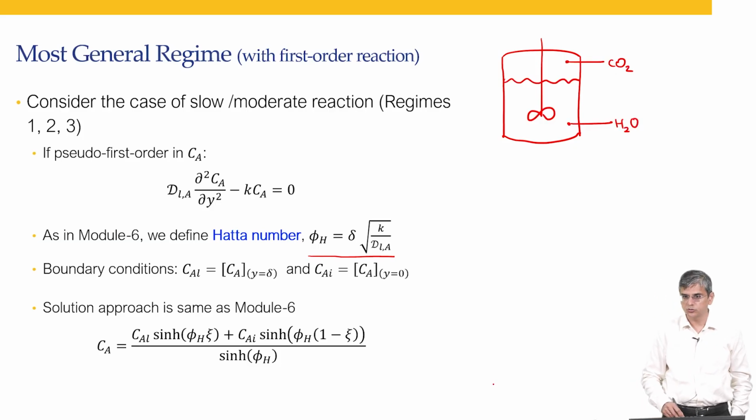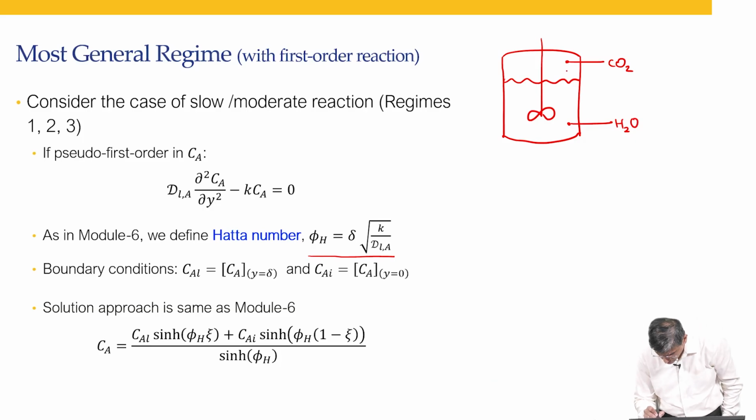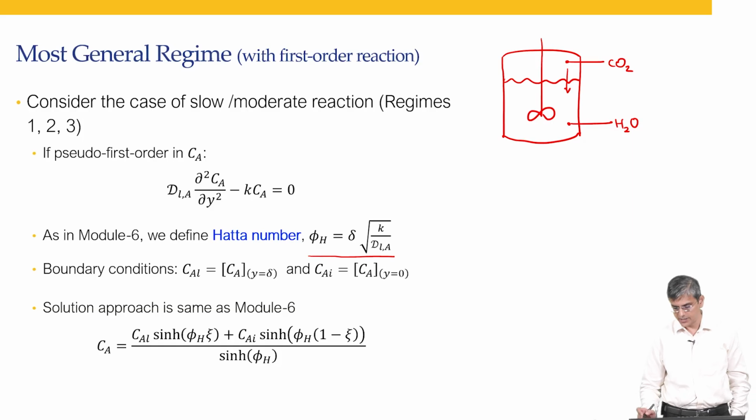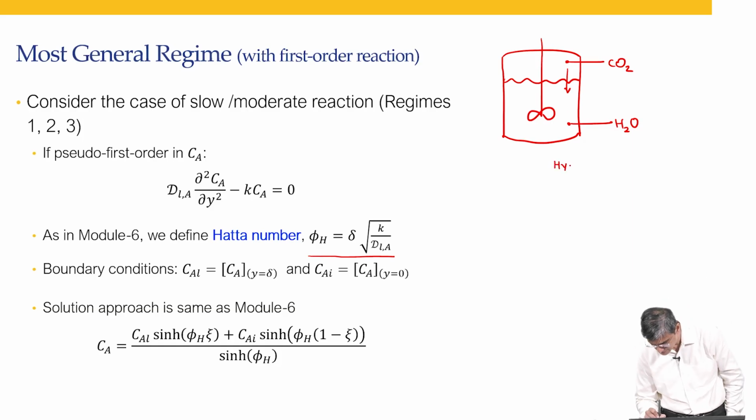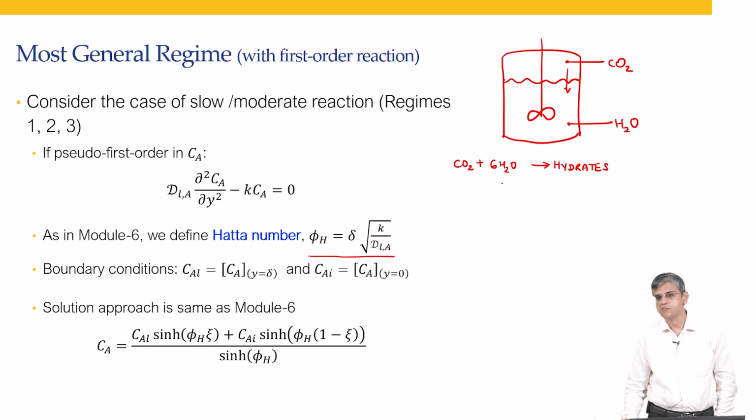So CO2 is present over here, H2O is present over here. CO2 dissolves in water, and then it would react with water to form hydrates. Although one molecule of CO2 will react with 6 molecules of water to form hydrate, concentration of water is very high, right?